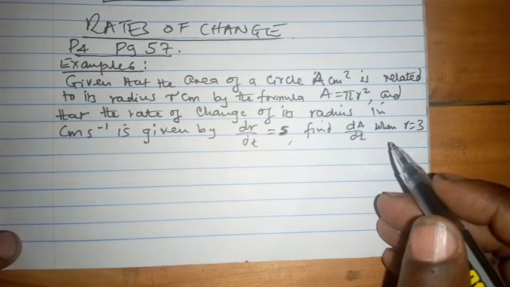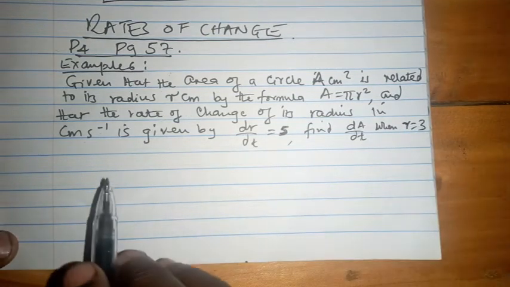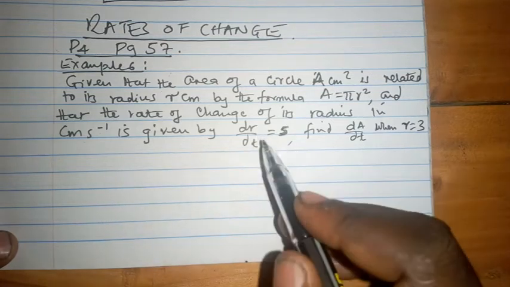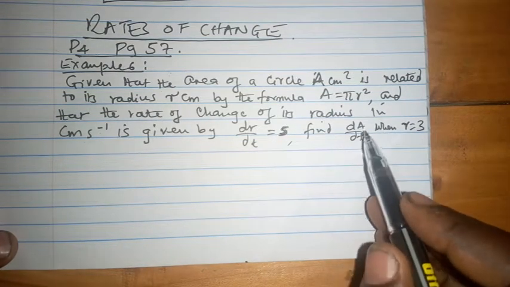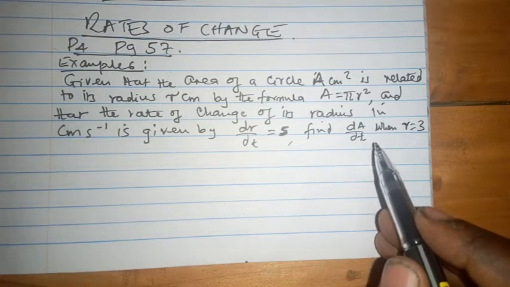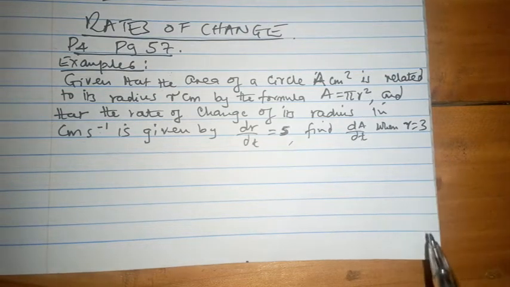Find dA dt when r equals 3. Now, the rate of change of the radius with time is 5. Find the rate of change of the area with time when the radius itself is equal to 3.